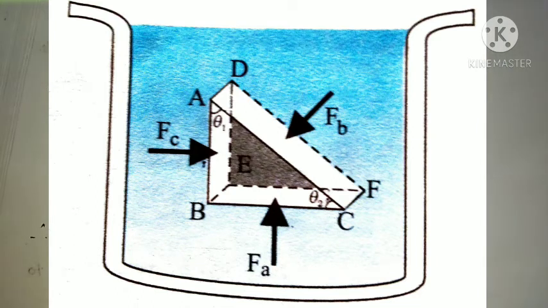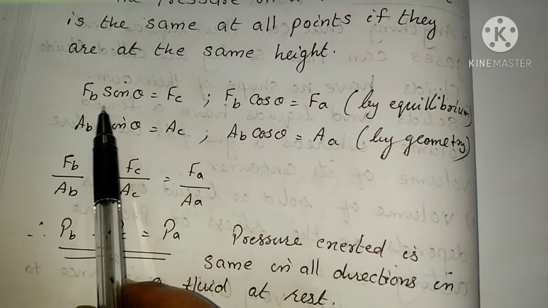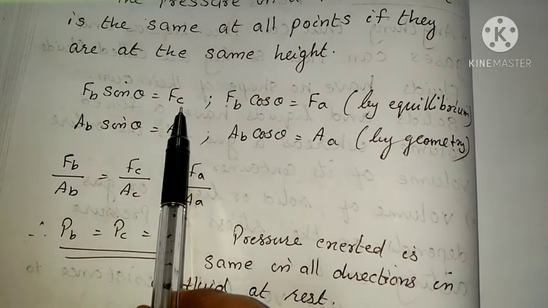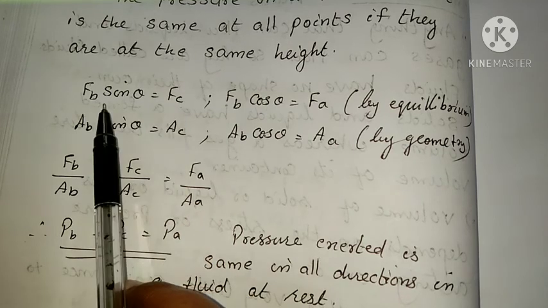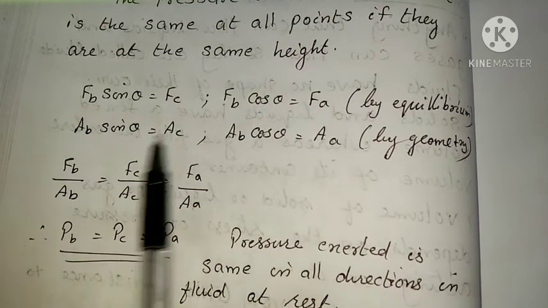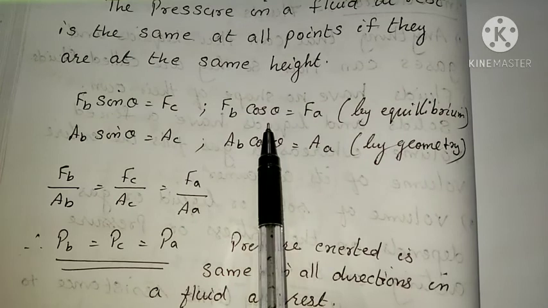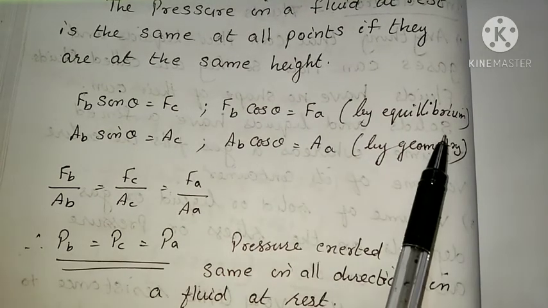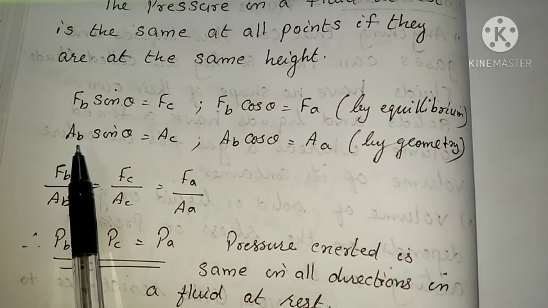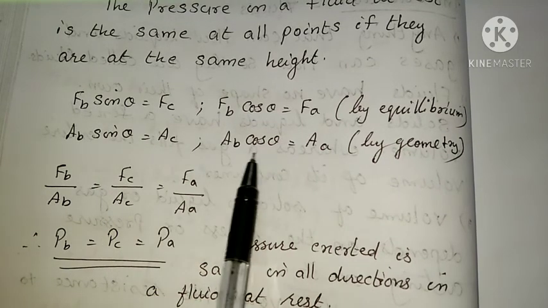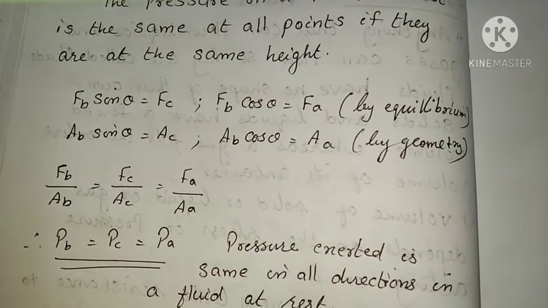So, we can write FB sin theta equal to FC, and FB cos theta equal to FA. And from the geometrical condition, AB sin theta equal to AC and AB cos theta equal to AA.